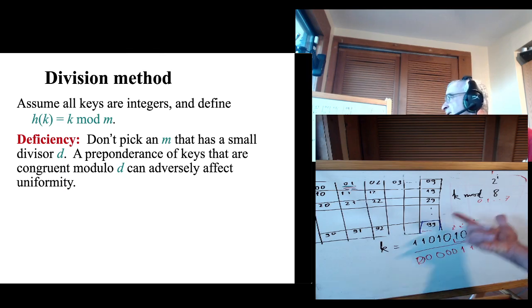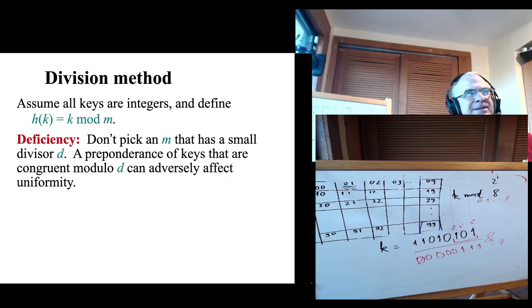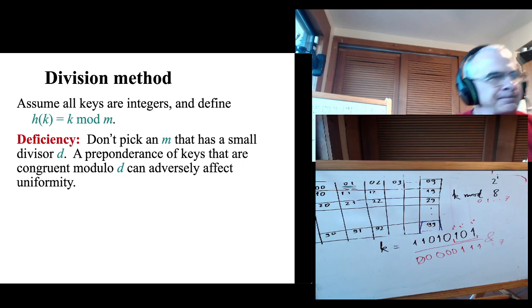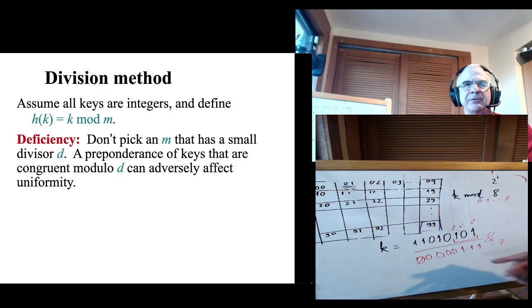On the other hand, it's very convenient to pick a power of 2 because it's convenient to pick arrays that are a power of 2. So it goes both ways, but then you have a higher chance of a collision. So for memory management, it's better to take m to be a power of 2.